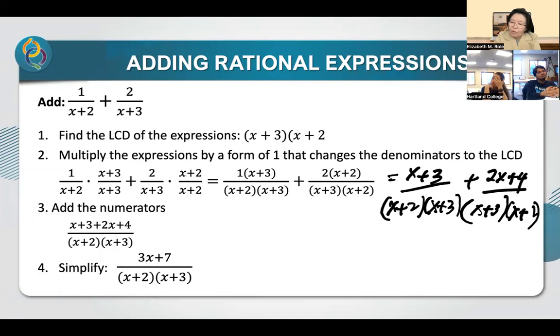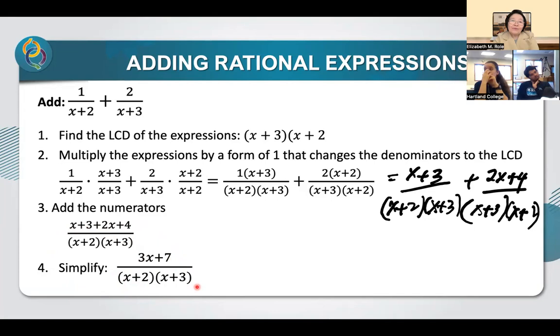They already have a common denominator, and therefore you can just add the numerators as x plus 3 plus 2x plus 4. Adding them, x plus 2x is 3x, 3 plus 4 is 7, and the denominator would be common. So 1 over x plus 2 plus 2 over x plus 3 is equal to 3x plus 7 over x plus 2 times x plus 3.